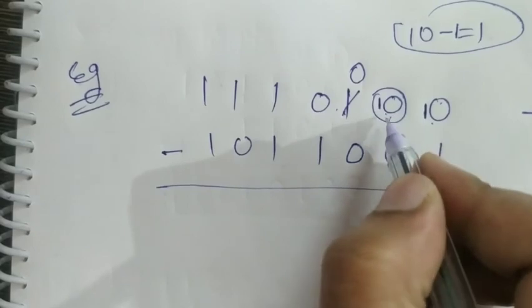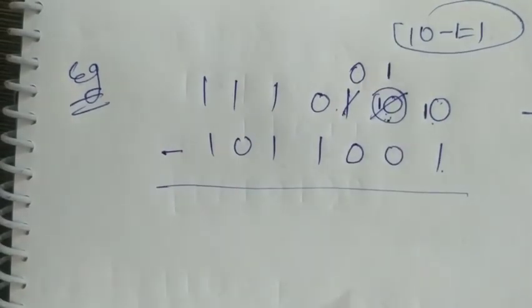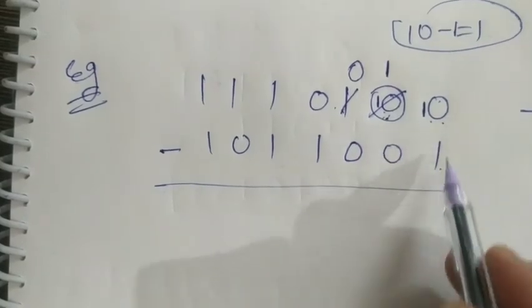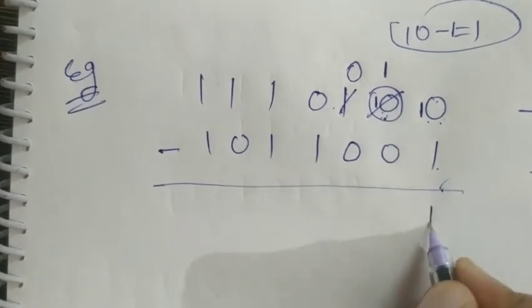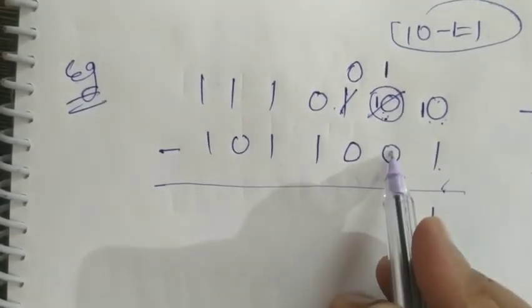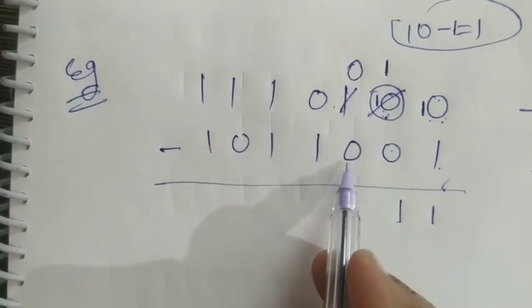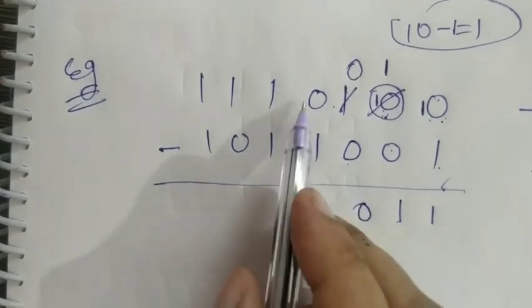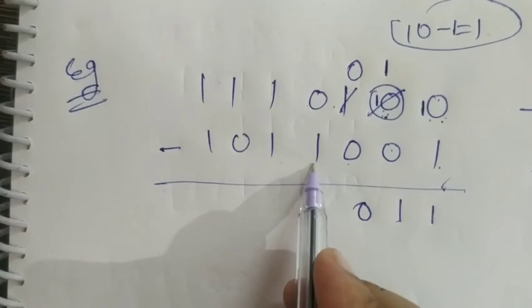When I have taken 1 from here, this will now become 1. Now this 10 minus 1, what is it? 10 means 2. 2 minus 1, that is 1. 1 minus 0, this will be 1. 0 minus 0, that is 0. Now again 0 minus 1, I cannot subtract 1 from 0.